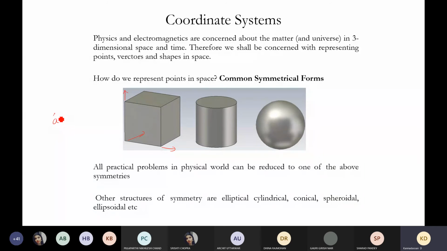Therefore, the dot product of the unit vector ax along the x direction and ay along the y direction should give 0. This is applicable to all, and it is the fundamental requirement for a coordinate system. If you can create some other coordinate system like that, it is very much possible.